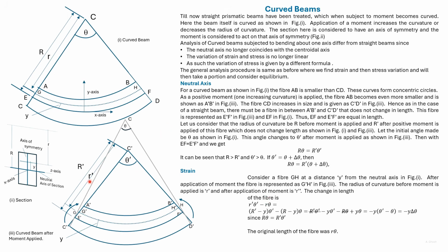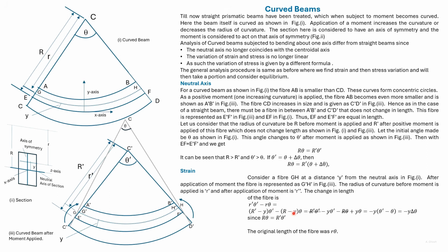Now small r dash is capital R dash minus y, which is written here. And small r here is capital R minus y, which is written here.